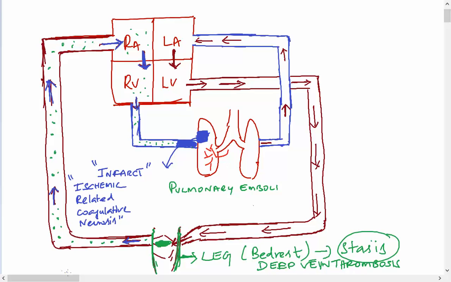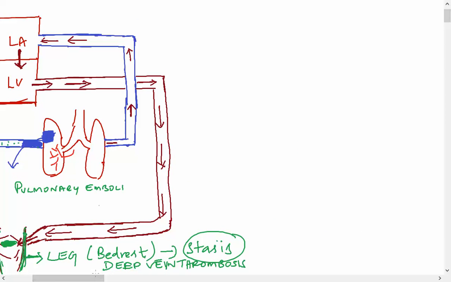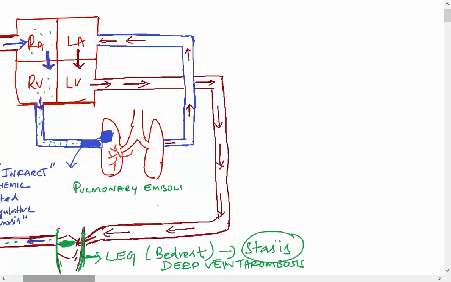Okay, let's see what happens in the brain. For example, if there is some thrombi in the heart, the thrombi gets broken.